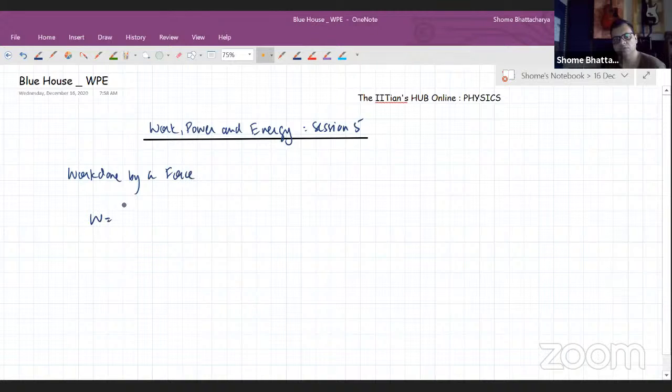In general, work done is defined as integration of F dot ds from initial to final position. This is called the path integration. But specifically, it becomes F dot s if the force is constant.